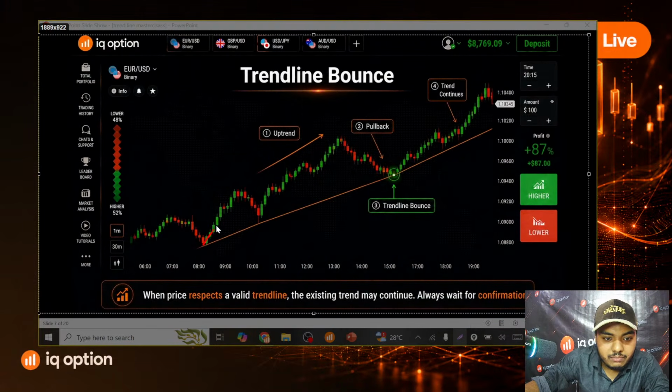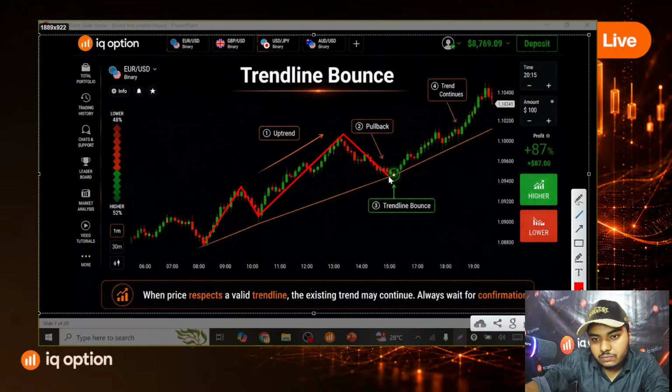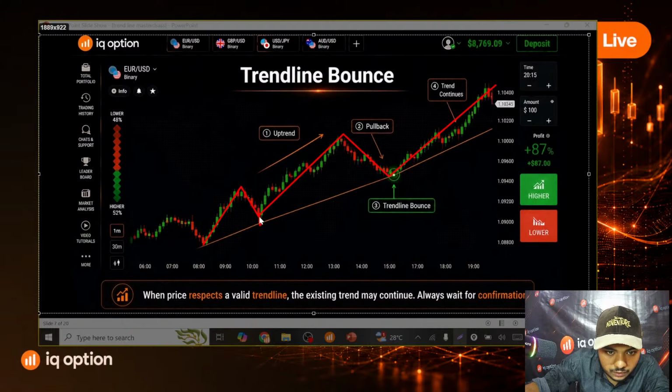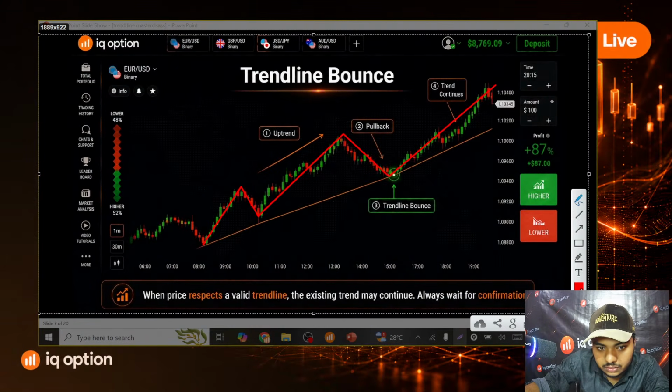From here to here, the market is pushing in the upward direction, making higher highs and higher lows. From here to here, if you focus, there is a strong rejection here. We draw from rejection to rejection. I will come to this. Just understand this one, what actually a bounce is.